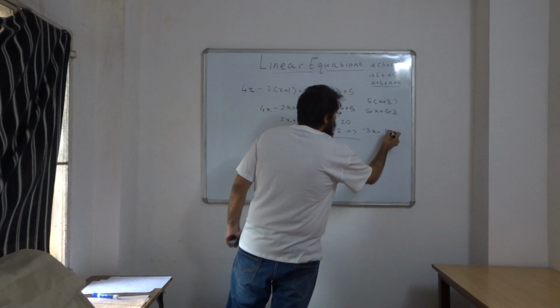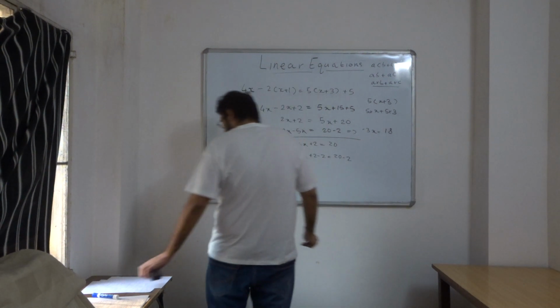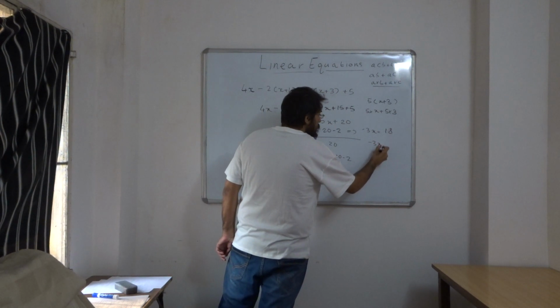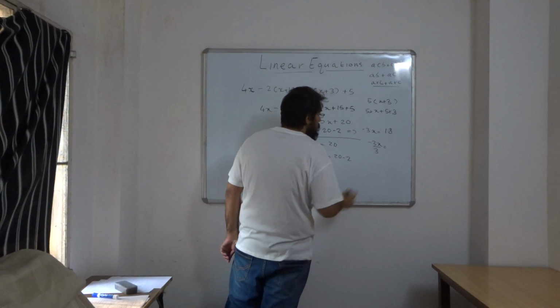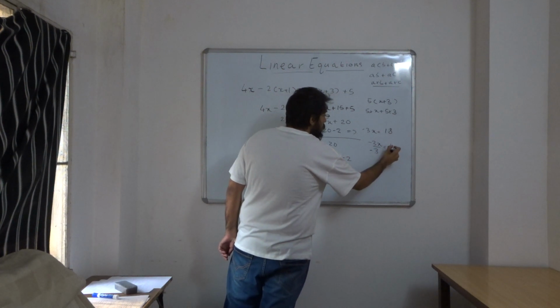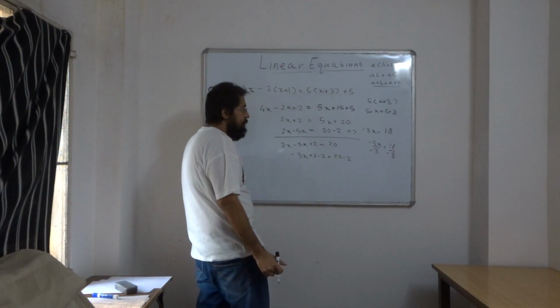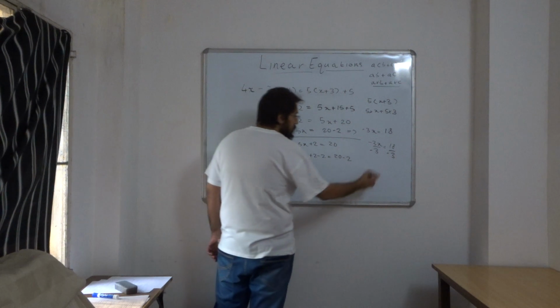So now you divide both sides by negative 3. So 18 divided by negative 3. So what do you get, guys? You obviously get negative 6, right?